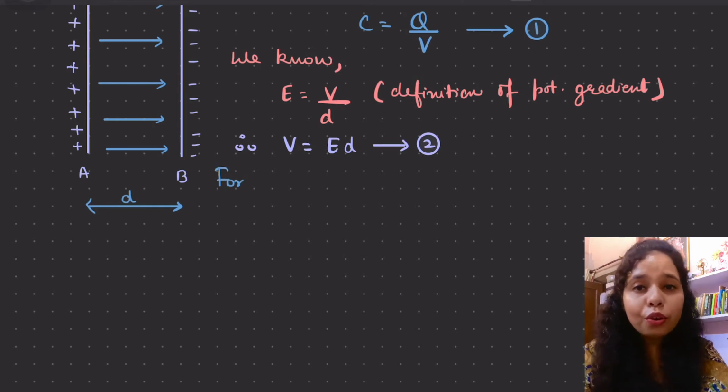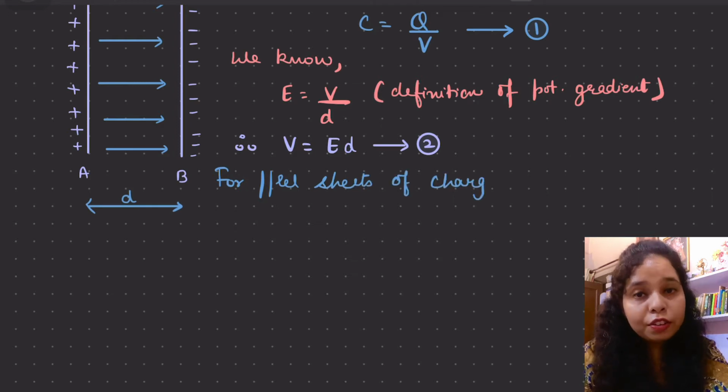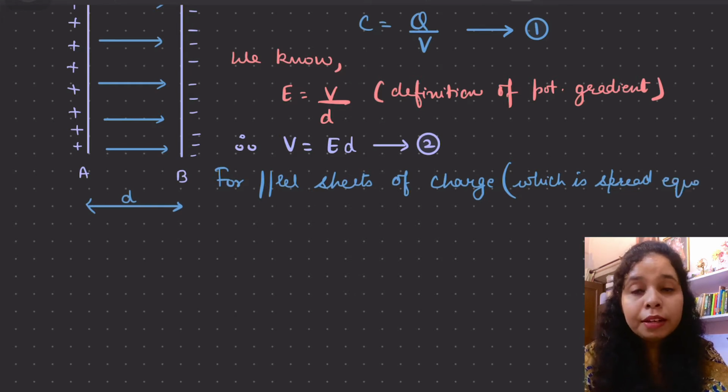We need to recall the application of Gauss theorem, in which we discussed the parallel sheets of charge having equal and opposite charges spread over the two sheets. In this application we found that the electric field intensity existing between the two parallel sheets is given by E is equal to sigma upon epsilon naught.